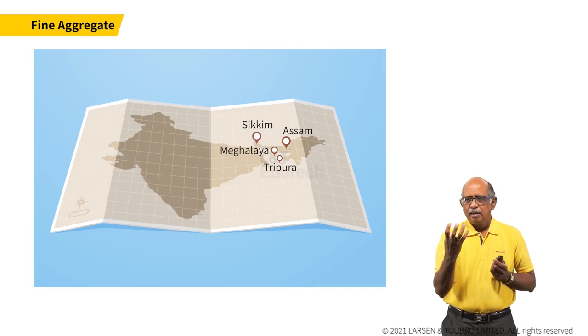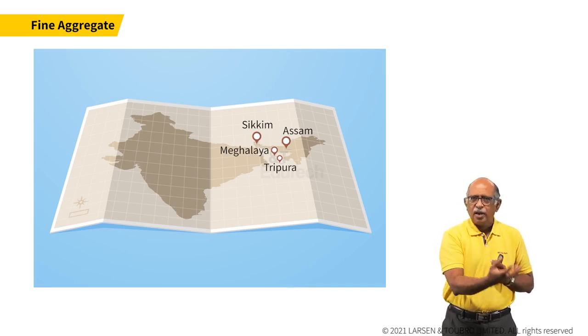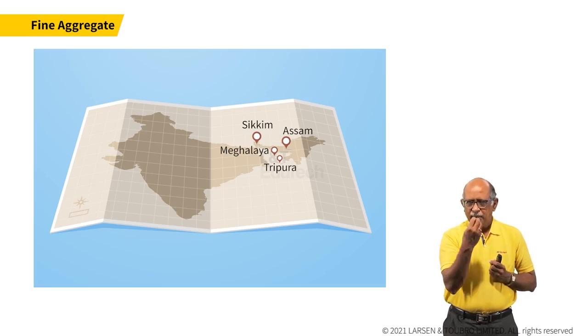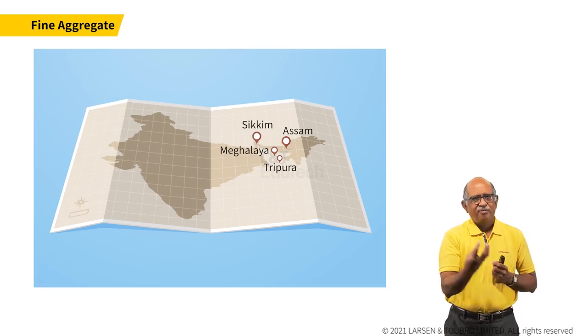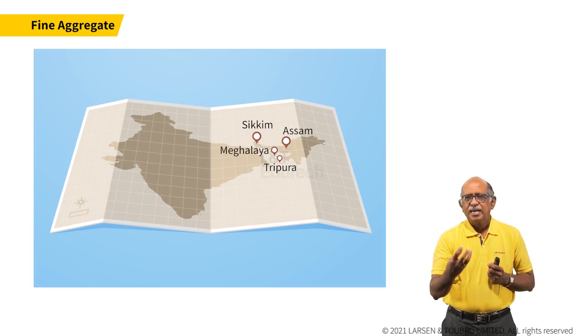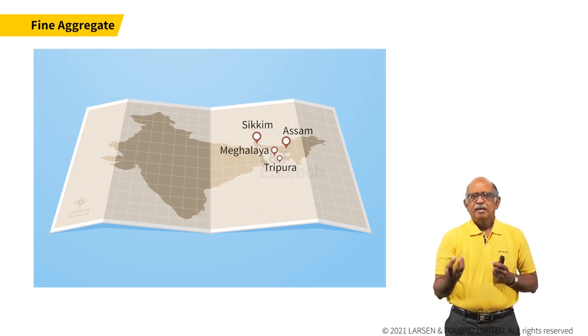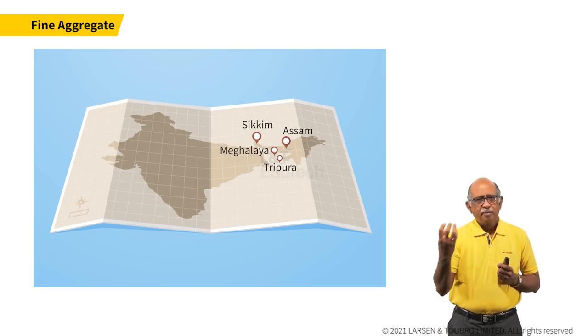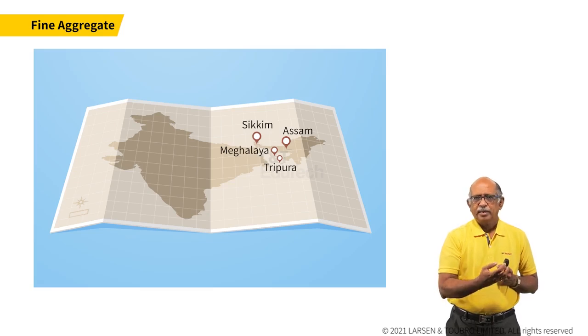So, getting aggregate is also difficult, and even if you get the spall and crush it, as we said about crushed gravel sand, even if you take gravel from the riverbed and crush it, it will be of soft nature and will have more mica also. In such cases, we need to be very careful in doing a mix design whenever we are working in the northeastern states in making concrete, because that is what is available.